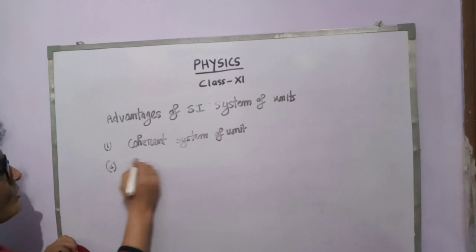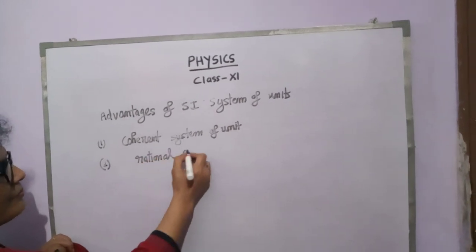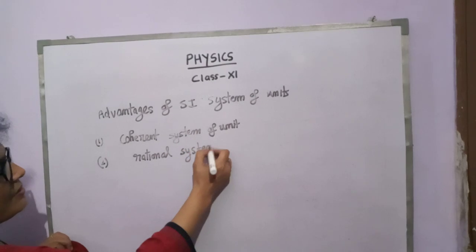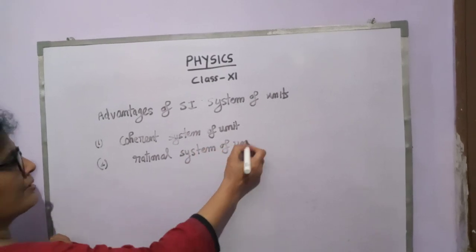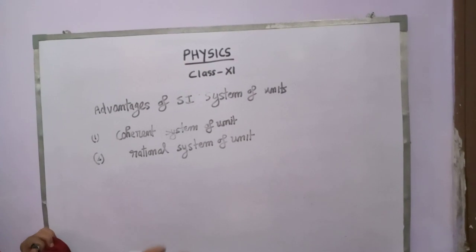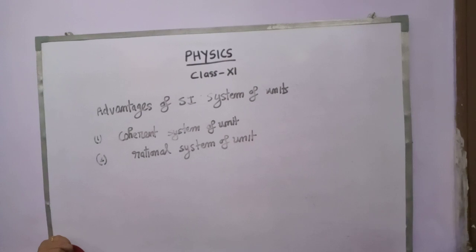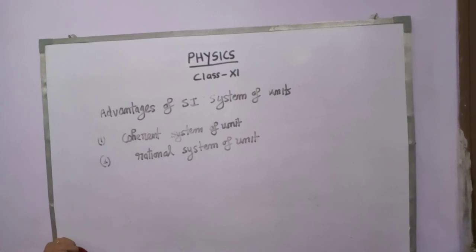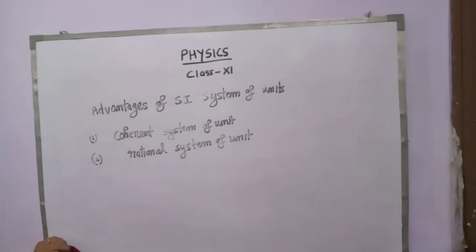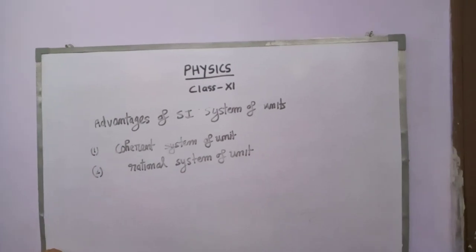Number 2, rational system of units. This system assigns only one unit to a particular physical quantity. Suppose energy: electrical energy, magnetic energy, potential energy, kinetic energy, any type of energy.